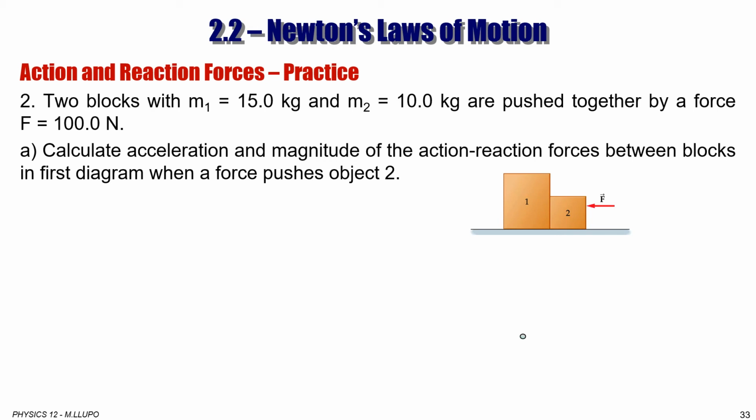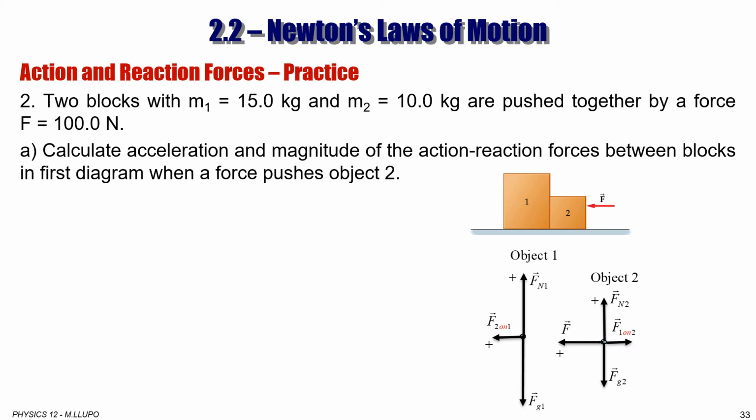For acceleration, we know exactly what happens, but first we draw a free body diagram of both objects. If you take a look, the force F is applied on object 2 only, and on object 1, the only force is the force that object 2 is pushing it with.